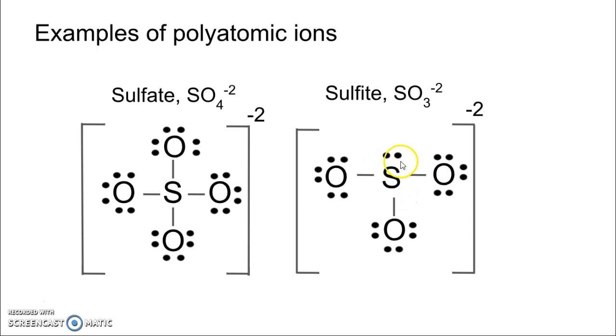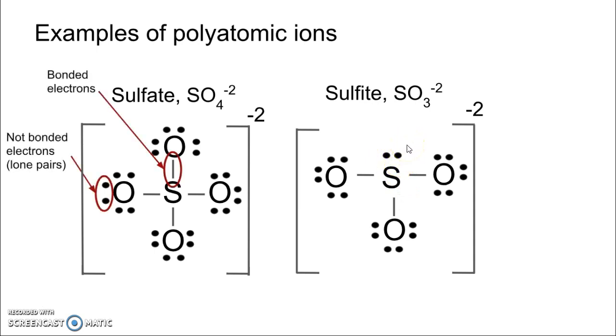Now these other circles right here, we're going to call them lone pairs. So let me pull up these two things. I've already hinted at these bonded electrons that are bars. We're going to keep drawing them as bars from now on. But you'll notice that these dots that we've been drawing already, we like to call lone pairs, meaning that they are not bonded between two elements. They're just kind of there. So we call them lone pairs.